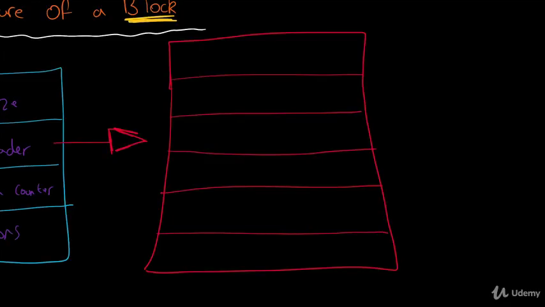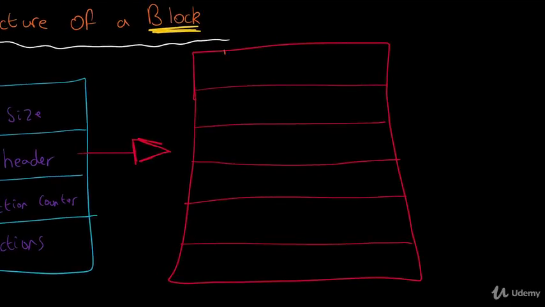The first field is the version, and the version is just essentially a number to track the software protocol upgrades. Next, we have the previous block hash, and this is just a hash of the entire previous block. It will become a bit more evident exactly what this is in a moment.